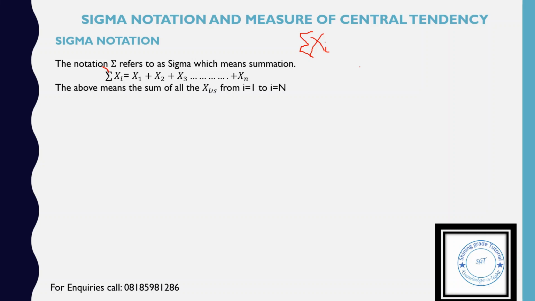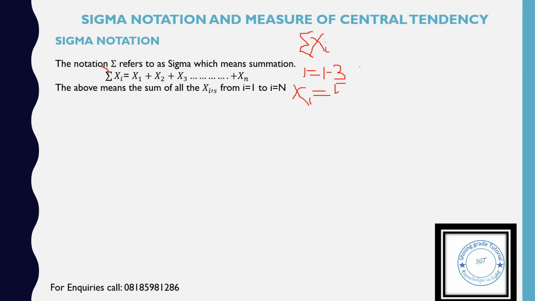The i can be any algebraic letter, and given that i is a value from 1 to 3, and also we are given that x1 is equal to 5.